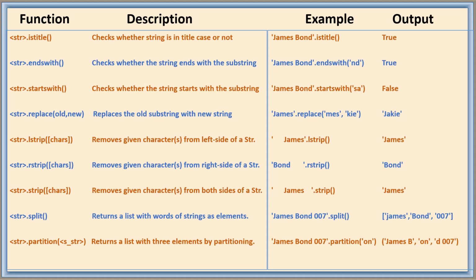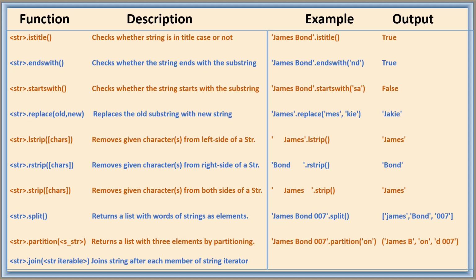Here the partition is ON, so ON is the middle element. The previous element will be whatever is before ON, so "James B". And then the last element will be whatever is available after ON.